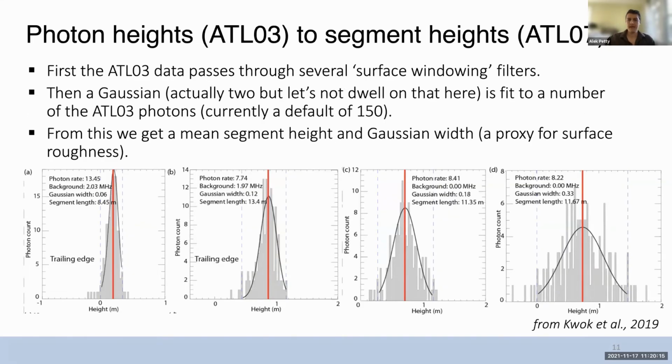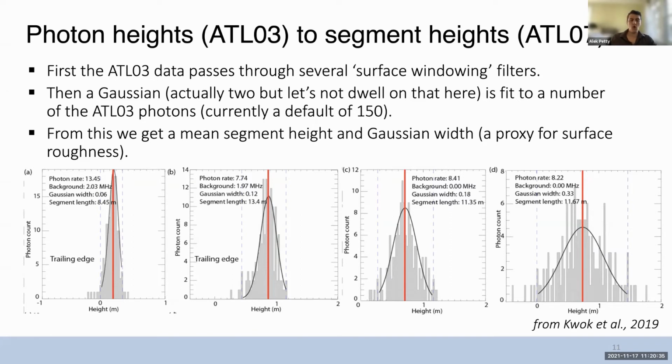So this is the basics of what the first ATL07 sea ice height product does. Again, I'm just going to skip over the details here, but there's an ATBD and a user guide on the NSIDC portal if you want to find out more. The first thing it does is essentially carry out a lot of surface windowing.